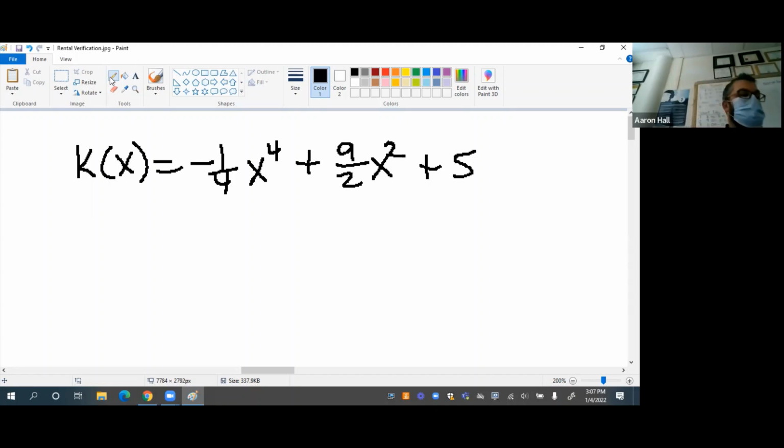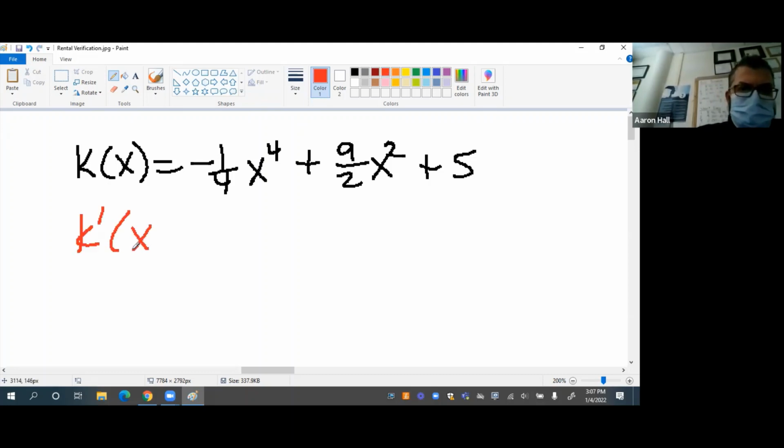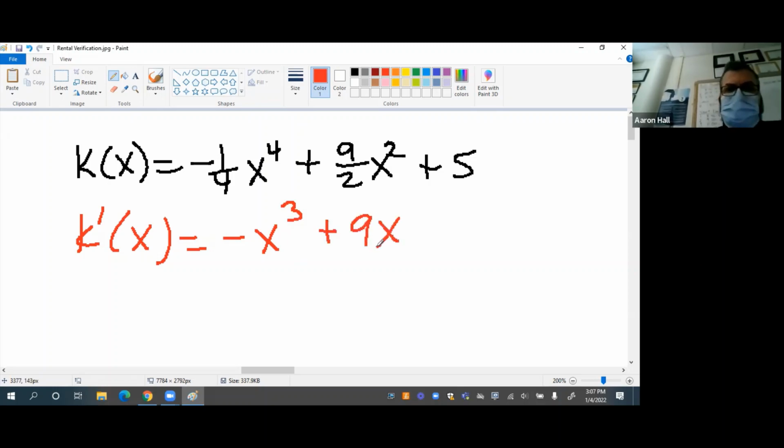Okay, let's be 100% sure. What was your first step? So I took the derivative. Okay, so if we take the derivative, K prime of x equals what? Negative x cubed plus 9x. Okay, and then I set it to 0 and I factored out negative x.